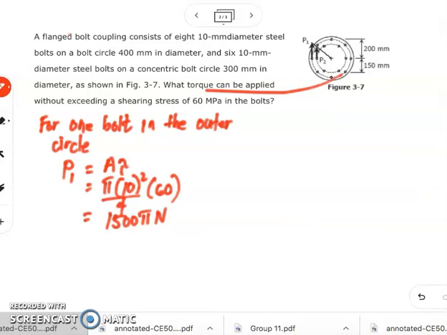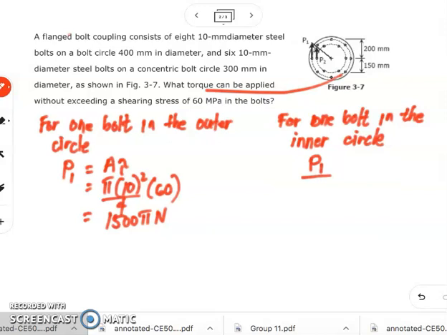Then for the second one, for one bolt in the inner circle, we can have the ratio and proportion. We have the relationship that P1 all over R sub 1 is equal to P sub 2 all over R sub 2.